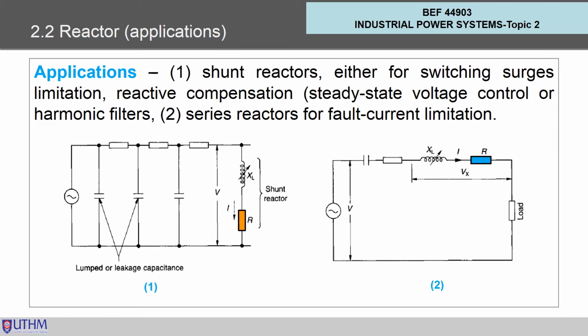And the second application is series reactors for fault current limitation. We can see here the first one is shunt reactors, where the reactor is connected in parallel with the capacitor, and for series reactors, the reactor is connected in series with the load.